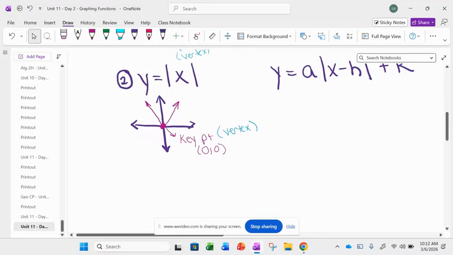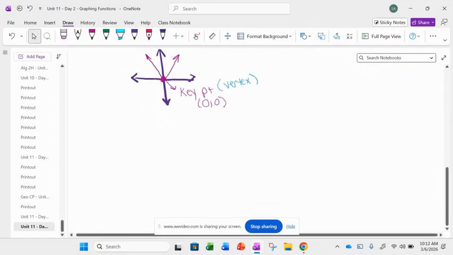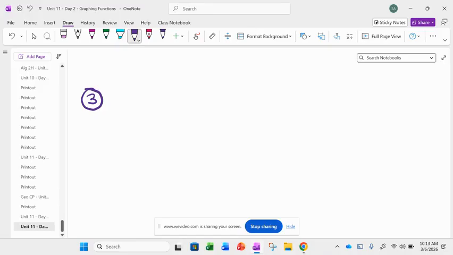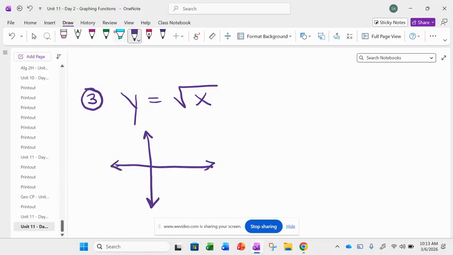All right, and the third parent graph that we're going to talk about today. So we have the parabola, we have the absolute value V. Now we're going to have the square root, which I call the shooting star. Y equals the square root of x. And that parent graph starts at 0, 0.